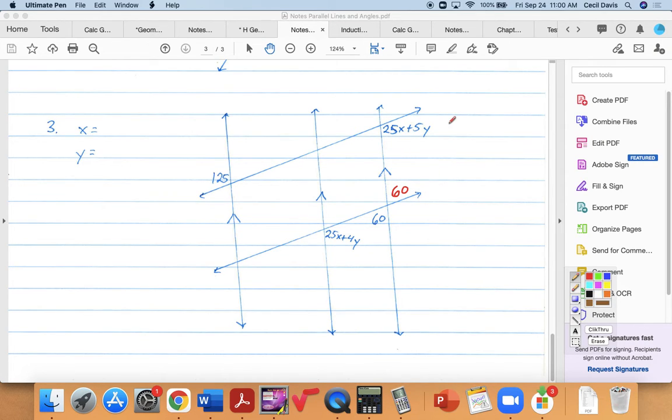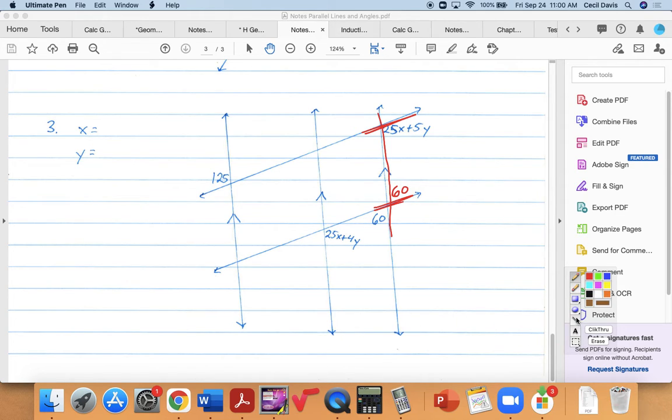The theorem says if 2 parallel lines are cut by a transversal, then the same side interior angles are supplementary. If I'm looking at these 2 angles, do I have 2 parallel lines cut by a transversal? No. I don't have any parallel lines. The only things that are parallel in this whole equation are the transversals themselves.